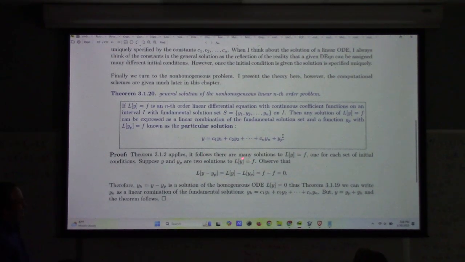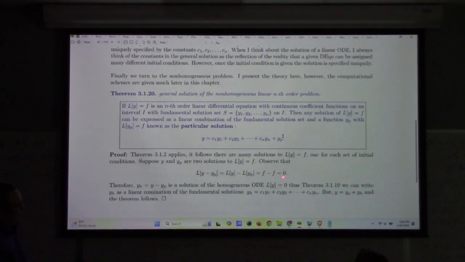Let's see here. I lost my place. So the claim is that this is a general solution, right? So if I have a solution like this, and I look at y minus yp, then that gives me L of y minus L of yp, but L of yp was assumed to be f.